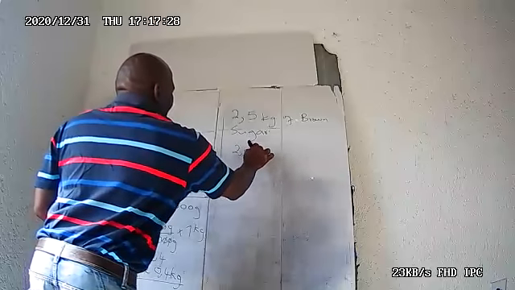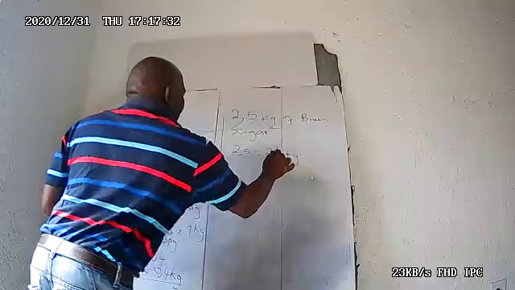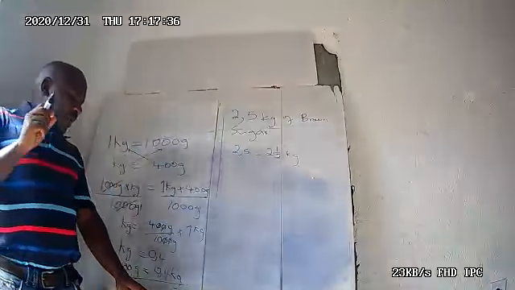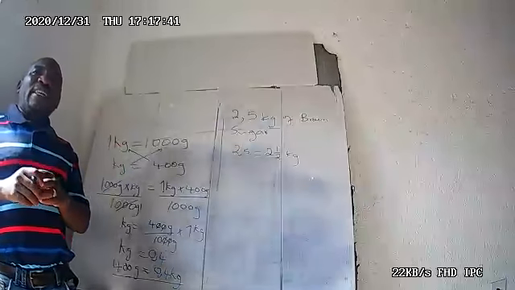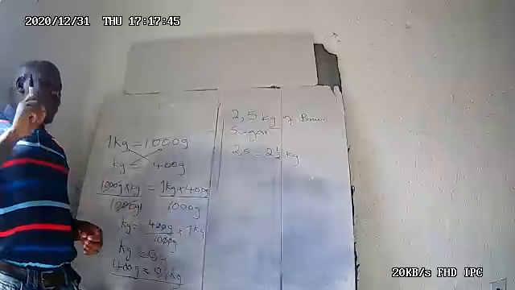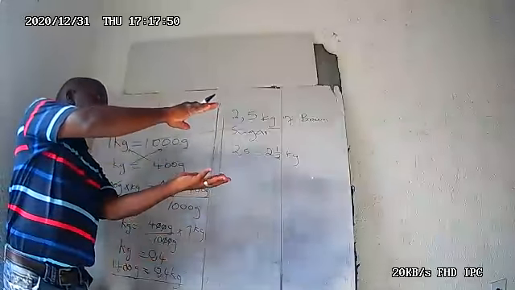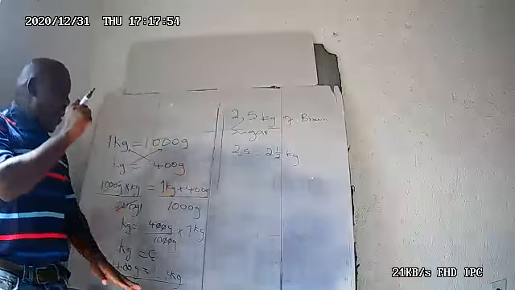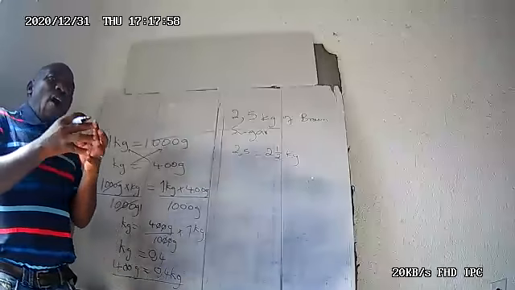Now I want you to repack the sugar into 250 gram packets. I've got a tuck shop, you see. So I've bought 2.5 kilograms of brown sugar. I'm requesting you as my learner to repack this into 250 grams of brown sugar.